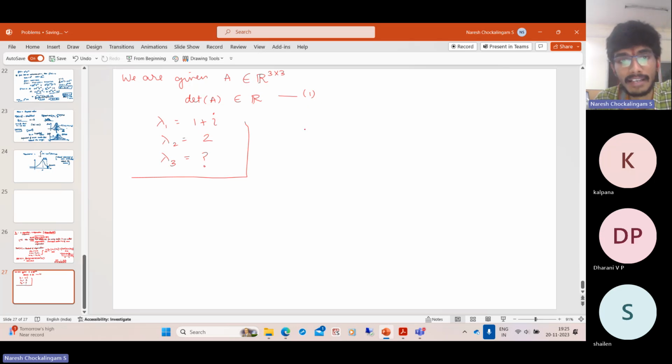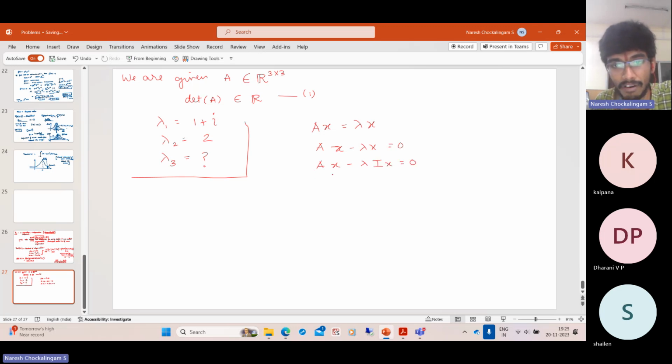Now, how do we determine the eigenvalue? So we know the eigenvalue problem is Ax equal to lambda x, where x is the eigenvector and lambda is the eigenvalue. You can take it to the other side, so you get Ax minus lambda x equal to 0. So this you can write as Ax minus lambda into identity times x equal to 0.